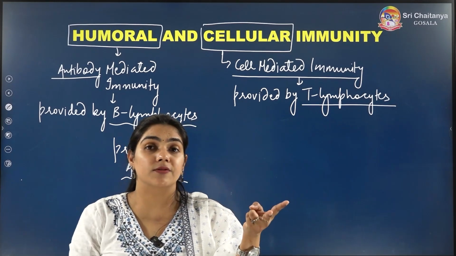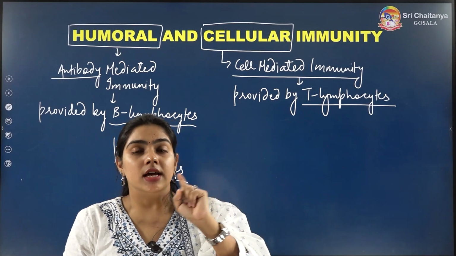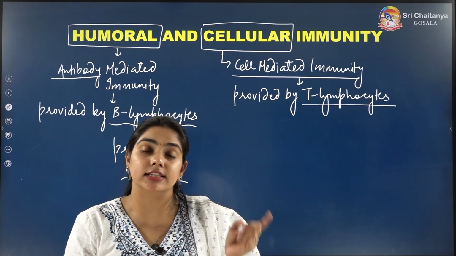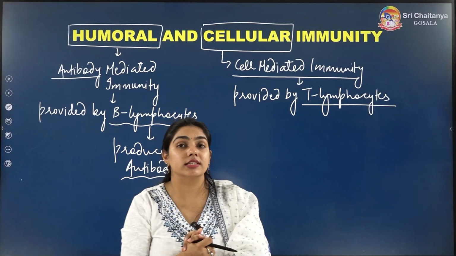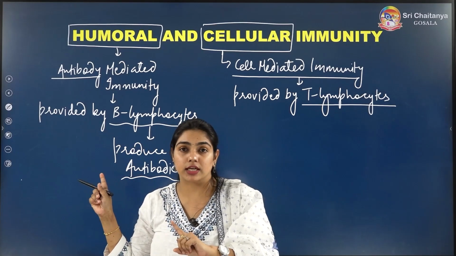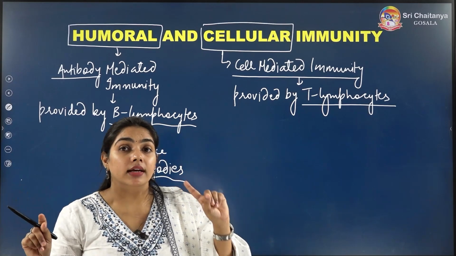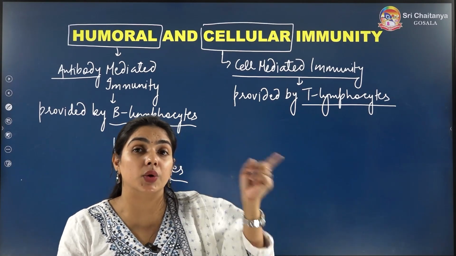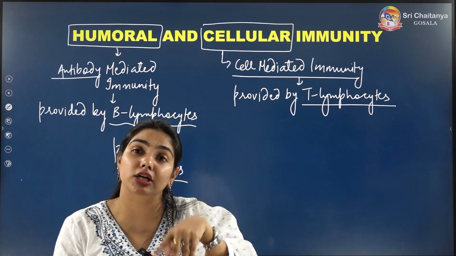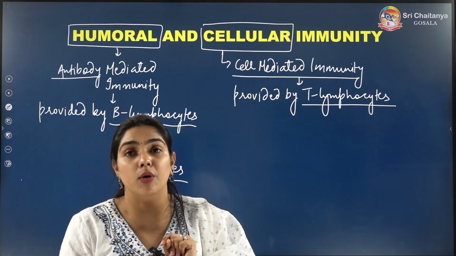So there are only two types of lymphocytes we have, B lymphocytes and T lymphocytes. Which lymphocytes produce antibodies? B lymphocytes. B lymphocytes are going to produce antibodies, but there are some T lymphocytes which are going to help in the process of production of antibodies.